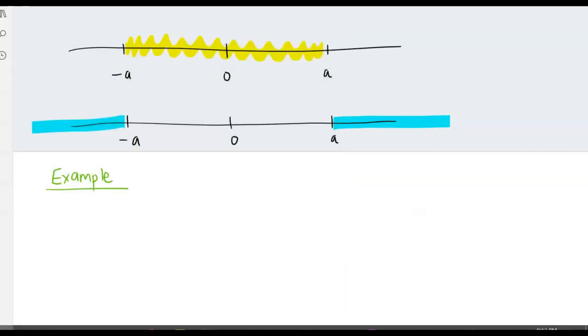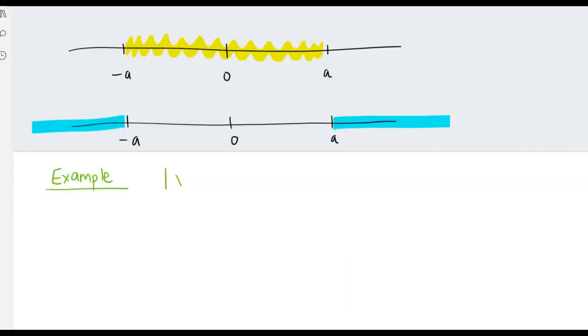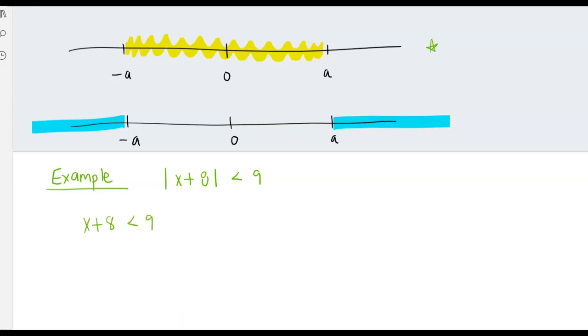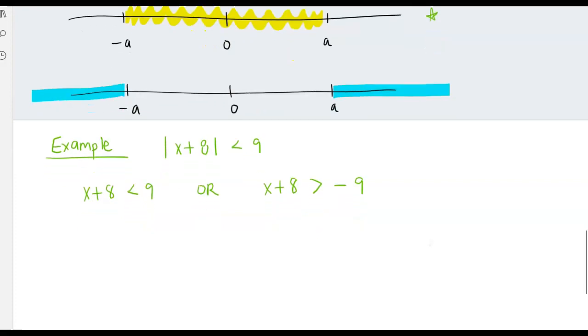Let's consider the absolute value of x plus 8 being less than 9. That falls into the first category, where x plus 8 is less than 9 and x plus 8 is greater than -9, somewhere in between the positive and the negative value.